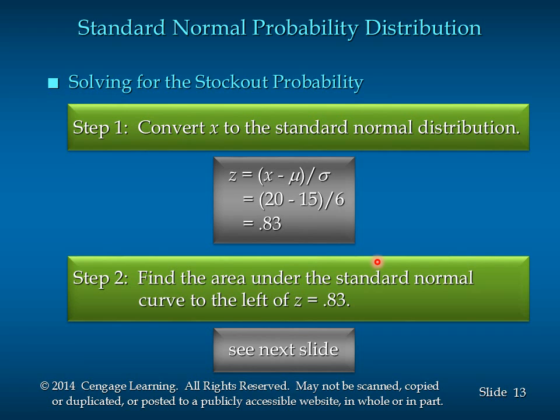So now we know that the value of Z at 20 is 0.83. But if you used plus or minus 1 standard deviation, what's plus or minus 1 standard deviation here? 15 plus 6 would be 21. Be easy to calculate. But now we're at 20 and 0.83.